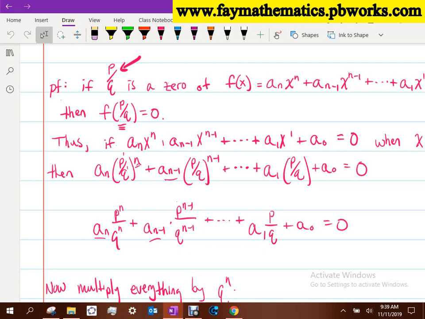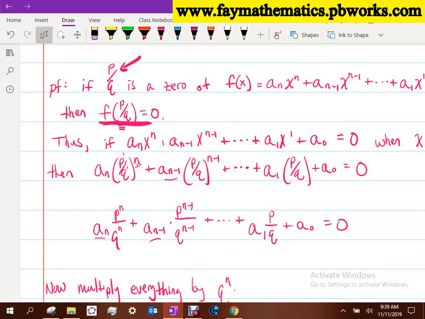Does that make sense? Doesn't this make sense then? If I take my function and wherever I see an x, I put p over q, I should get a 0 back for the y value, right? That's the definition of a zero. That makes sense to everybody?